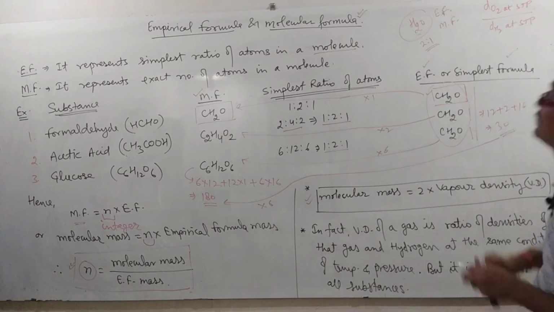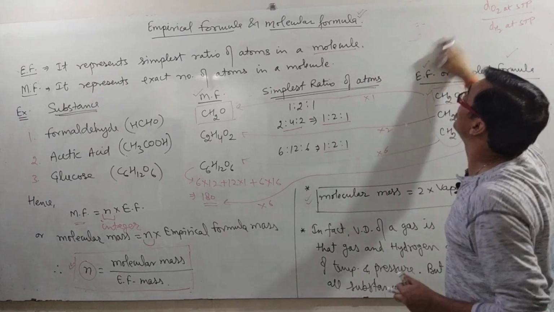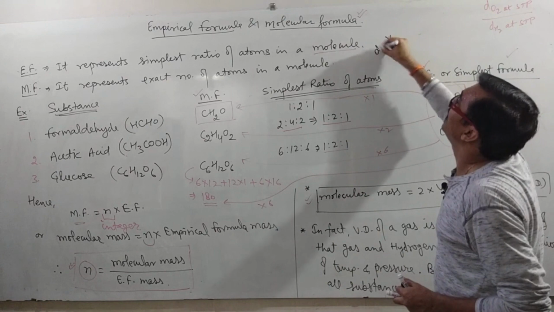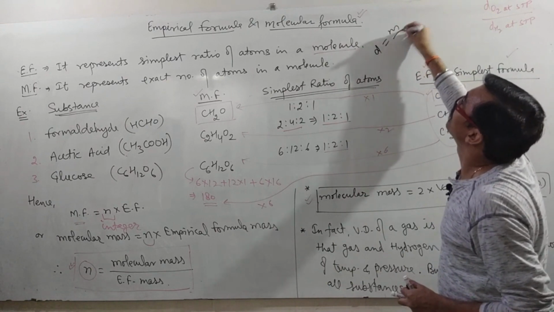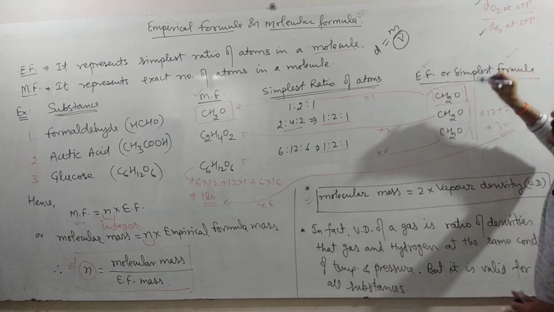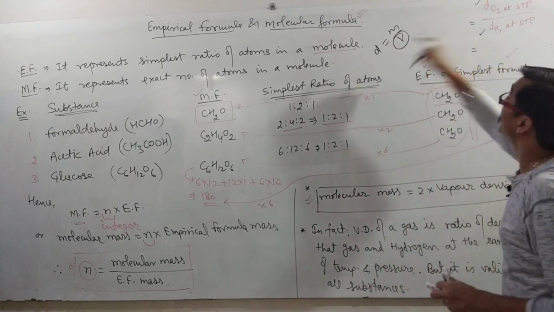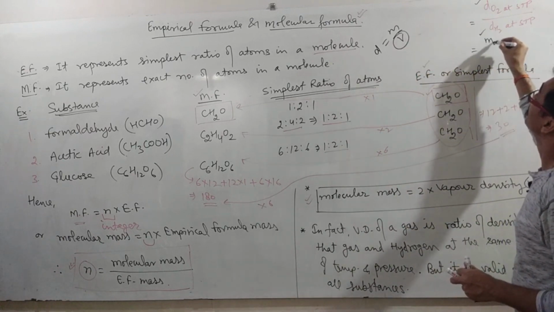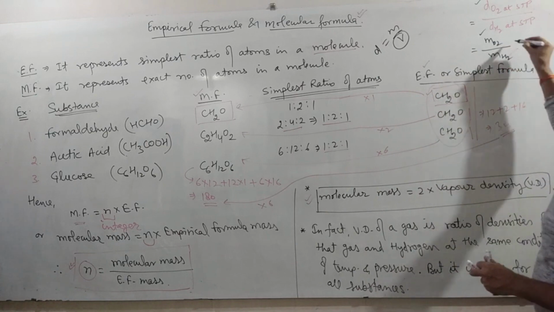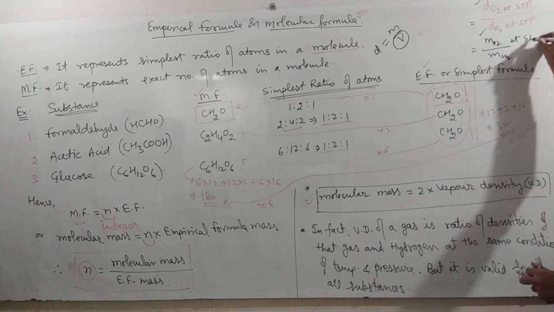Now we can say that if the volumes are similar, then density is equal to mass by volume, and it is also the ratio of the mass of O2 divided by the mass of H2 at STP.